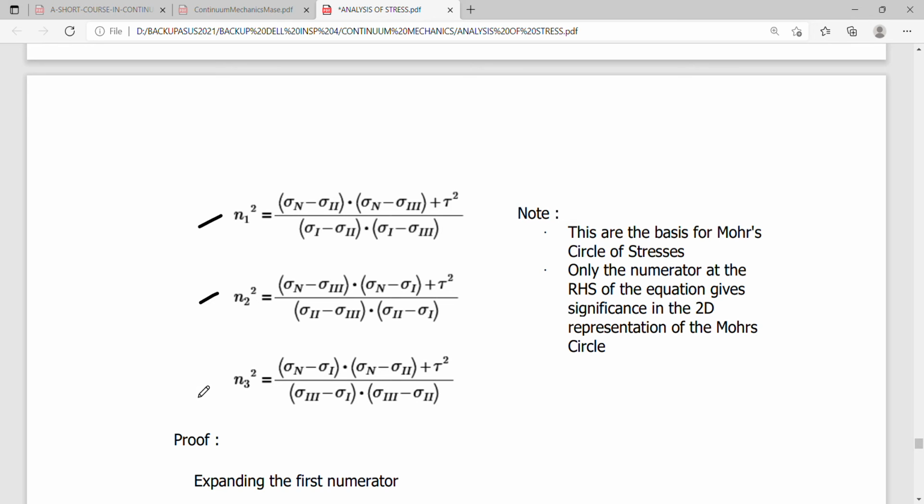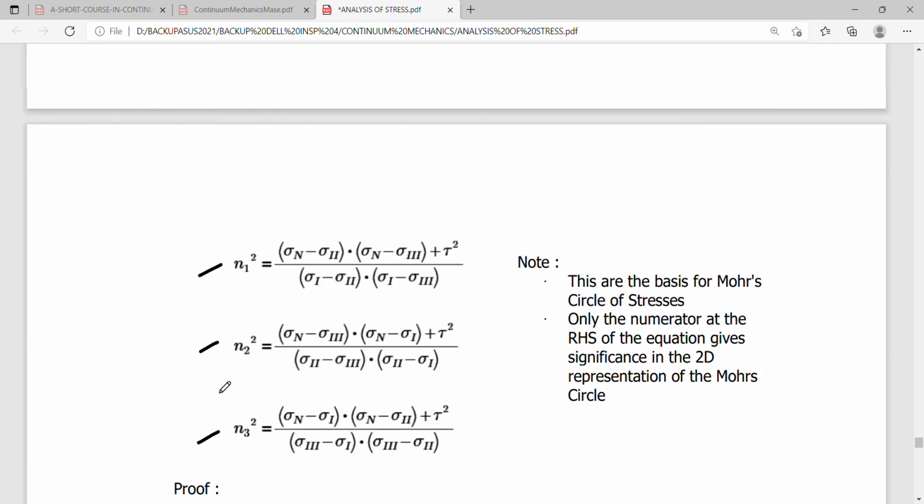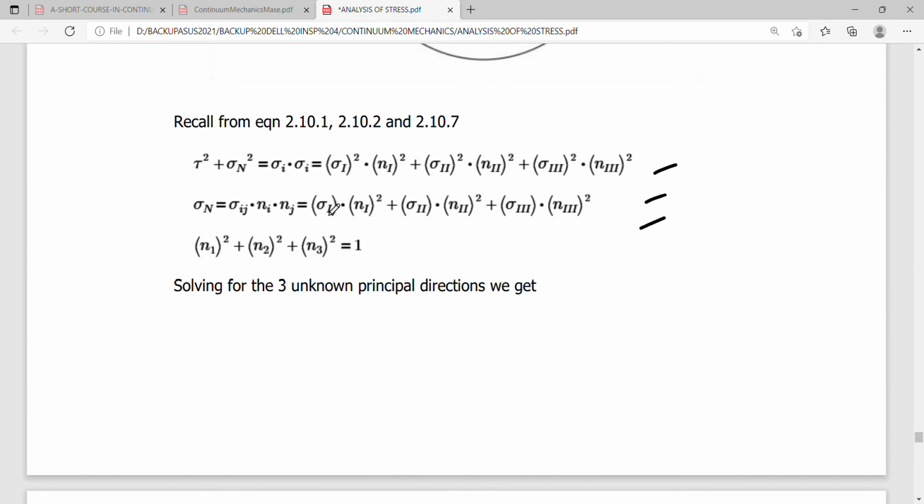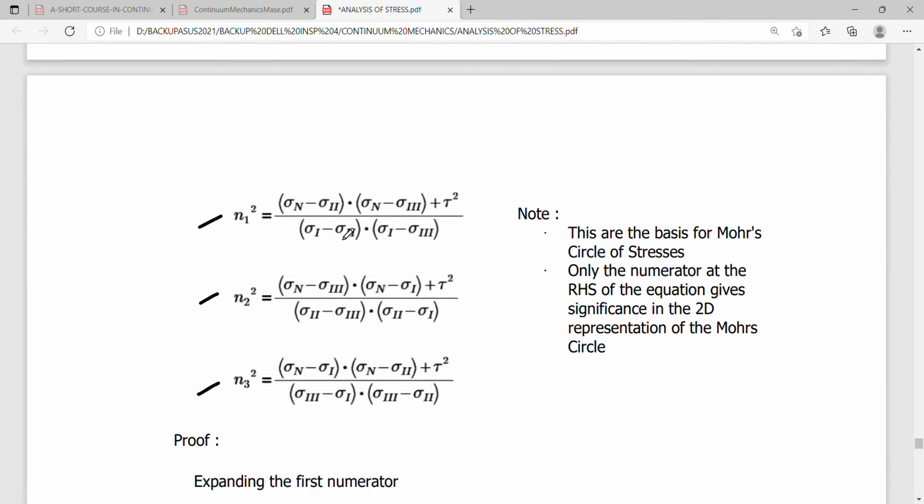Okay, so if you try to make use of a three equation, three unknown, which I have not done here because it's very much involved, you will actually yield this result. And this result is actually the basis for the Mohr circle of stresses.